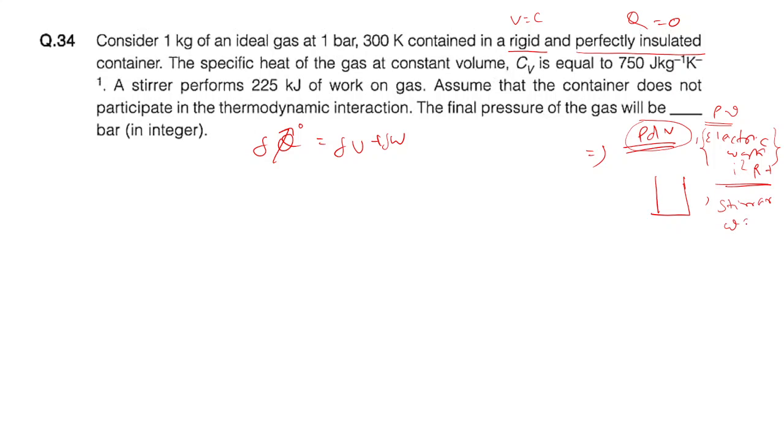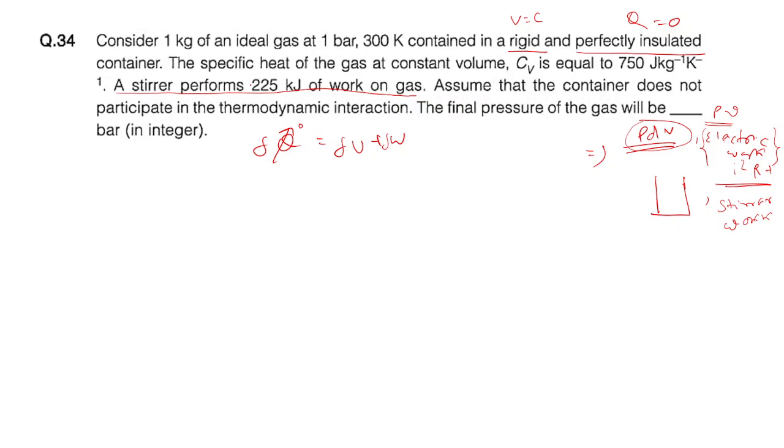Can anyone tell me how you can calculate stirrer work? Actually, they have given it here directly, but if they hadn't given it and wanted to make it a separate part of the question, how will you calculate it? Can anyone give a hint? If not, otherwise I will tell. Sir, from this equation I used del Q equal to del U plus W. No, this question anyhow we will do, no issue.